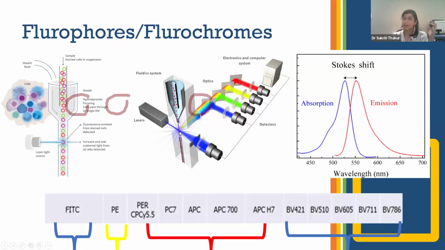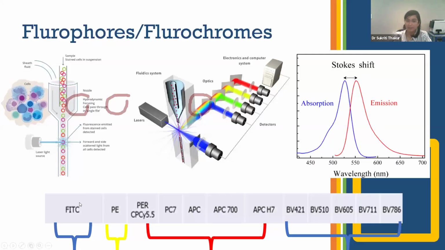The cell absorbs the energy of the light, and at the same point it emits energy, which is called emission. This excitation and emission have some shift, which is known as the Stokes shift. This Stokes shift helps us see which fluorochrome the cell has been excited with, and that is analyzed with the specific software present in the flow cytometer.